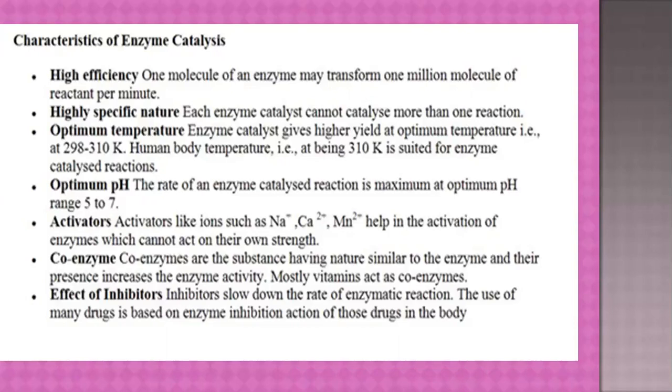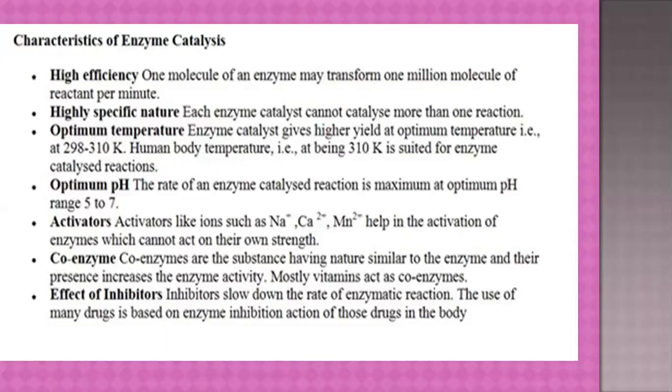They work at the optimum temperature. The enzyme catalyst gives a higher yield at the optimum temperature, that is 298 to 310 Kelvin, which is the human body temperature. They work within the pH range of 5 to 7.